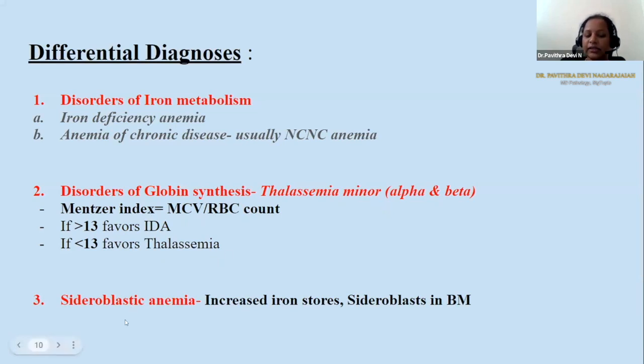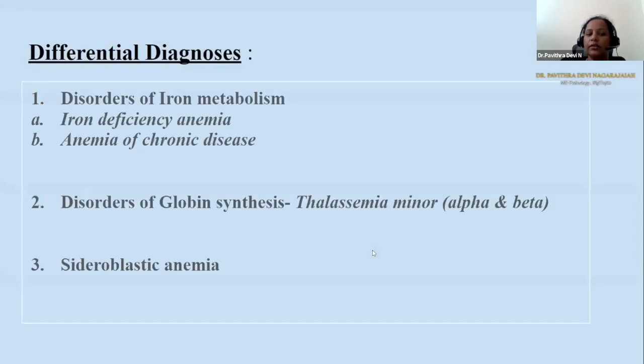And then the next differential would be a sideroblastic anemia. But in this case, the iron stores and the ferritin levels will be increased, and you could see sideroblasts on bone marrow examination. This was also unlikely. So ruling out the possibilities from the differential, we are left with the disorders of globin synthesis.